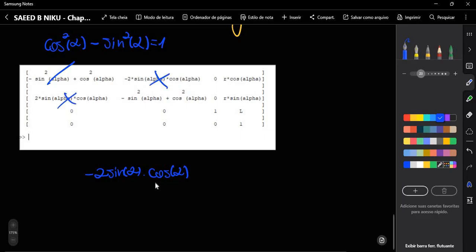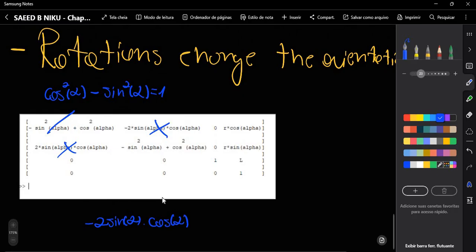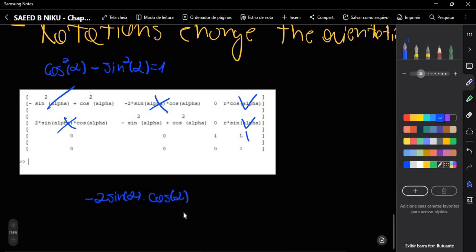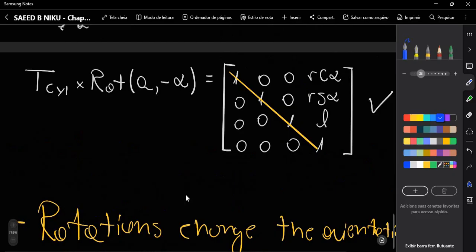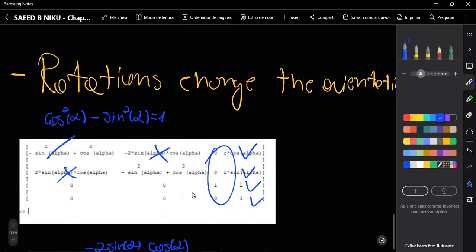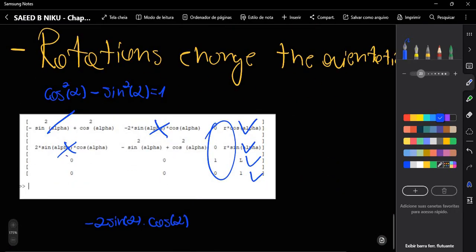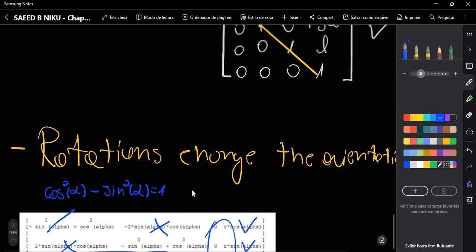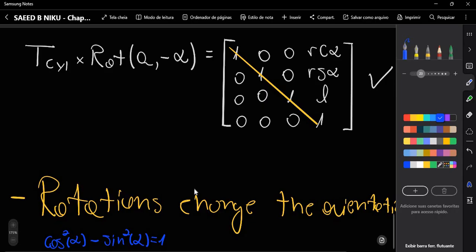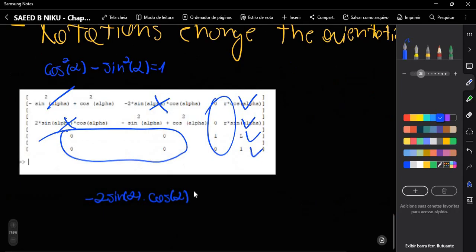This one also. Right here is correct, correct. Right here too, correct, correct. This whole column is correct. These ones are correct also. But for these ones, we are not getting a satisfactory result.